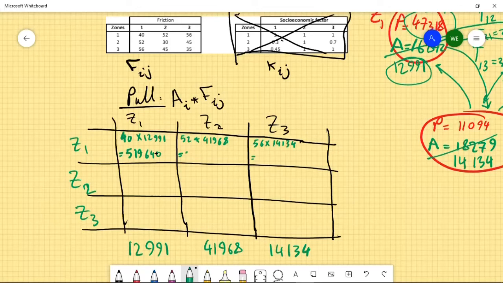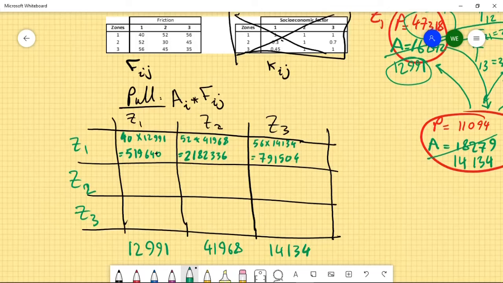That's 2,182,336, and here 56 multiply 14134. This is 791,504, and the same we'll do for the rest.